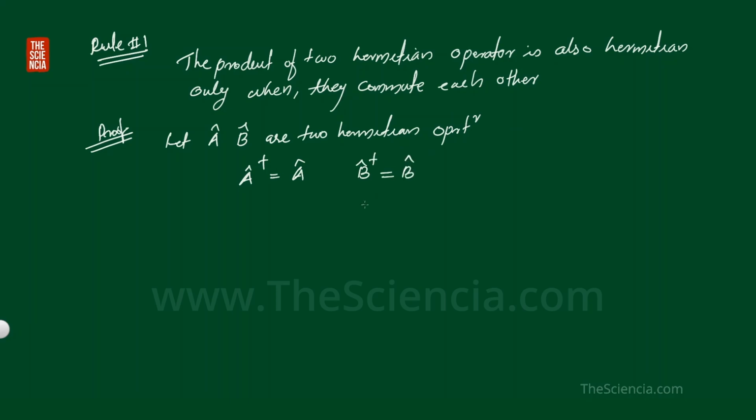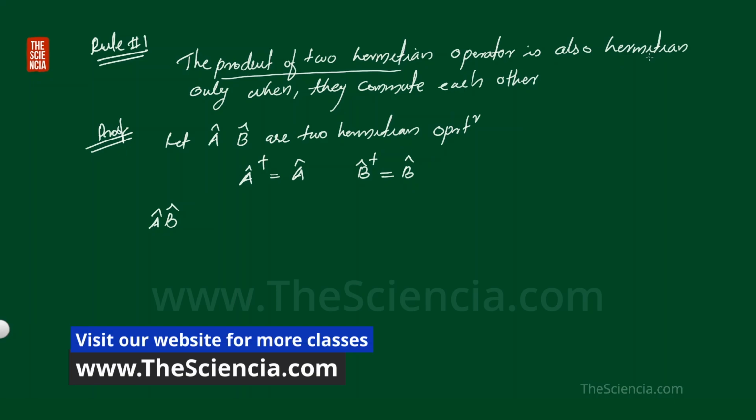That is the condition. Now the product of two Hermitian operators, that is AB, is also Hermitian. So we have to check whether this is Hermitian.